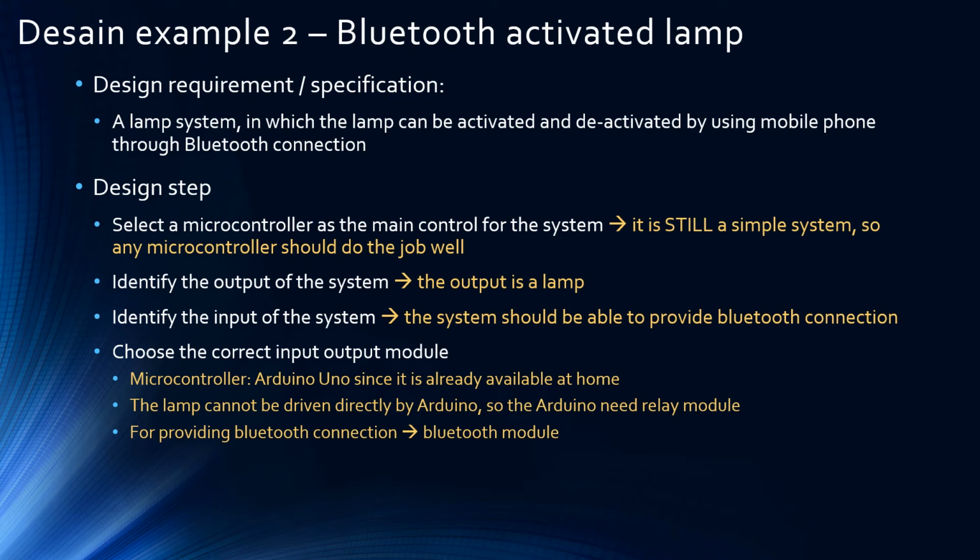So that's the specification. Now always remember the 3 block diagram, as I already told you. The first is the microcontroller, the next is the output, and then there is the input. So there will always be 3 block diagrams. Okay, so let's start with the easiest one. For the microcontroller, we can choose a microcontroller with connection or without connection.